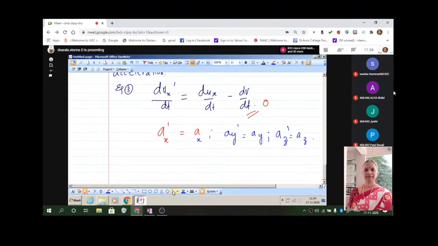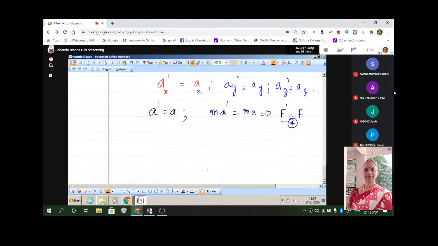Therefore, we can write in short a dash is equal to a. Multiply both sides with m, you get ma dash is equal to ma. It implies that the force in the primed frame is equal to that in the unprimed or stationary frame.